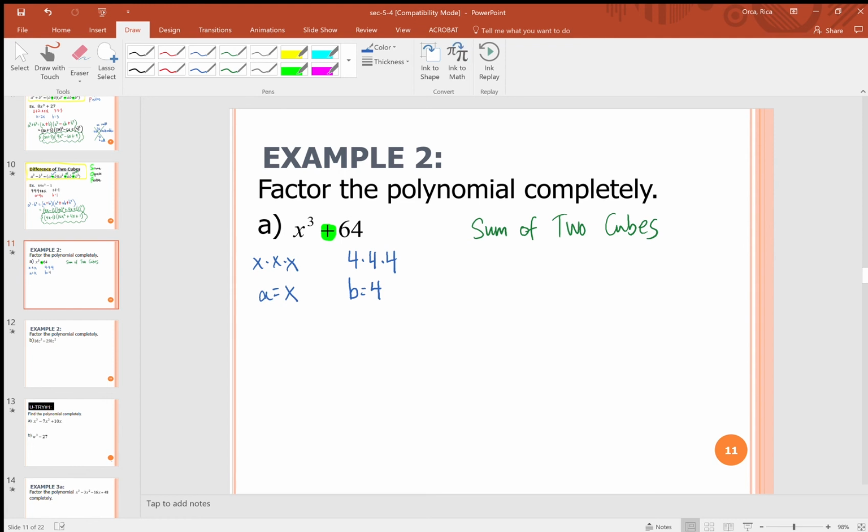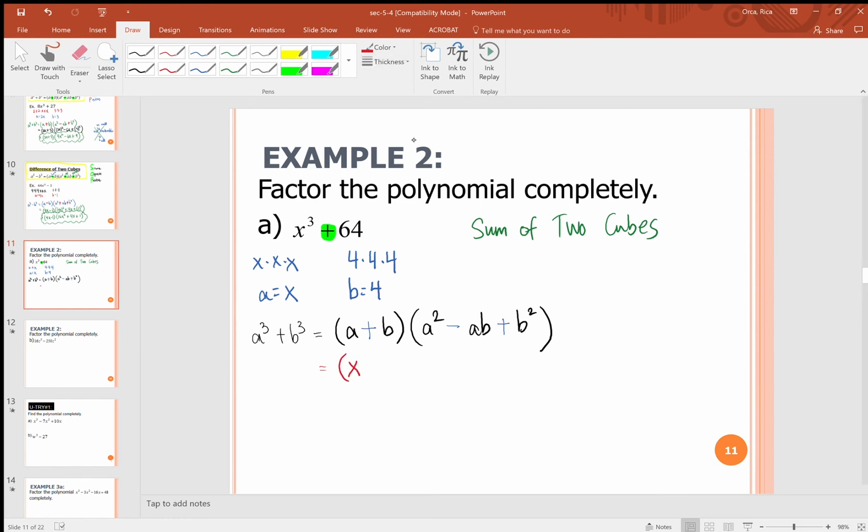Now write out the formula. A to the third plus B to the third is equal to, remember to write out the variables, AB, A squared, AB, B squared. Go ahead and use SOP. Same as the problem, opposite, positive. Now the fun part, plugging everything in.